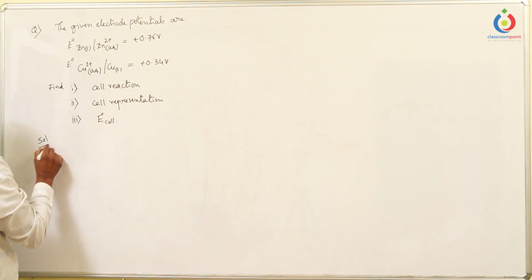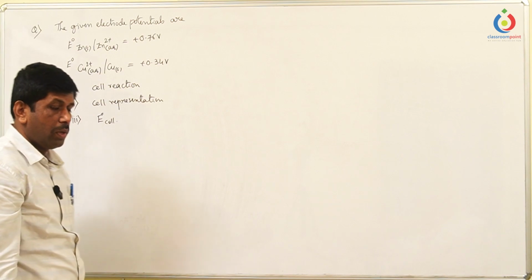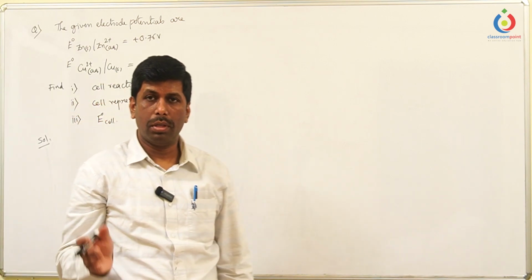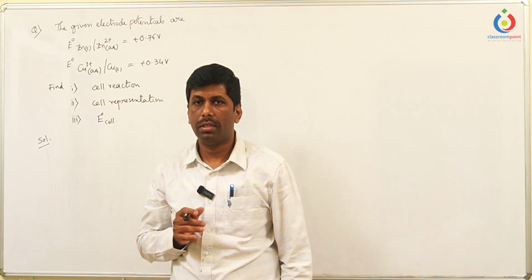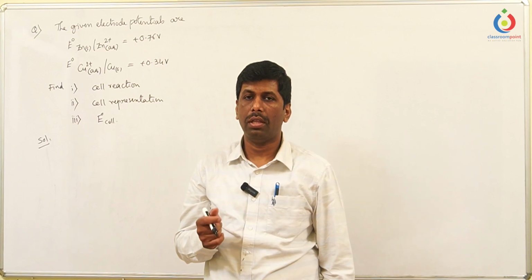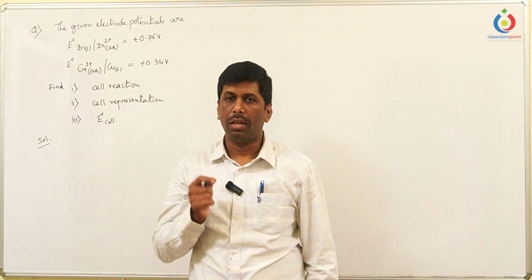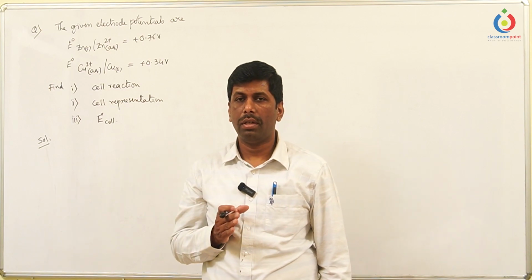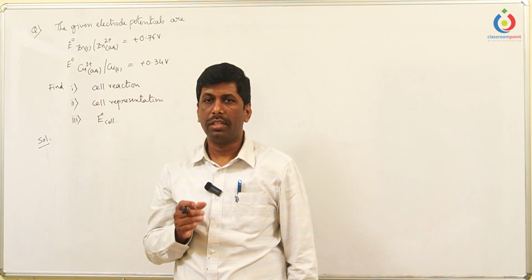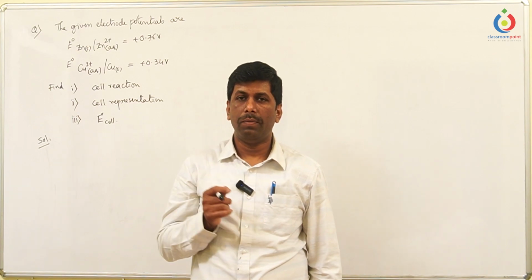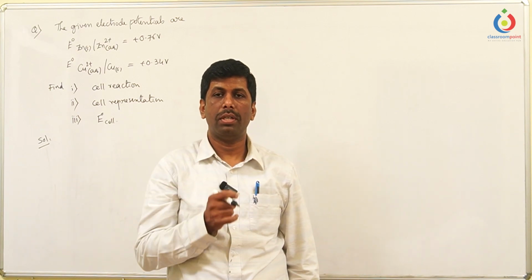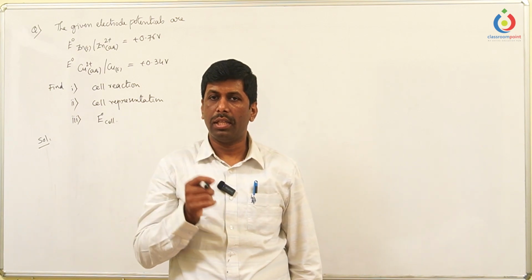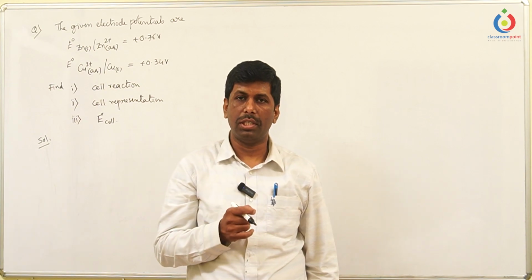Solution: first of all, try to keep both given electrode potentials either as reduction potentials or as oxidation potentials. According to the IUPAC convention, we have to keep all the given electrode potentials as reduction potentials only. By default, wherever standard electrode potentials are mentioned, they are nothing but standard reduction potentials.